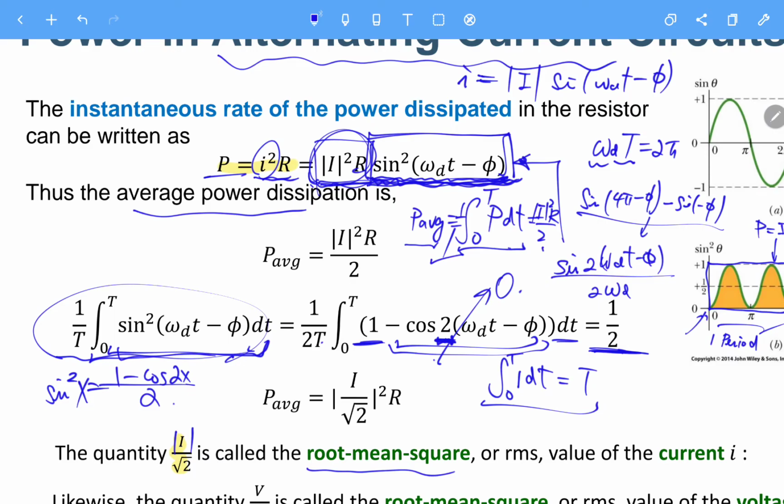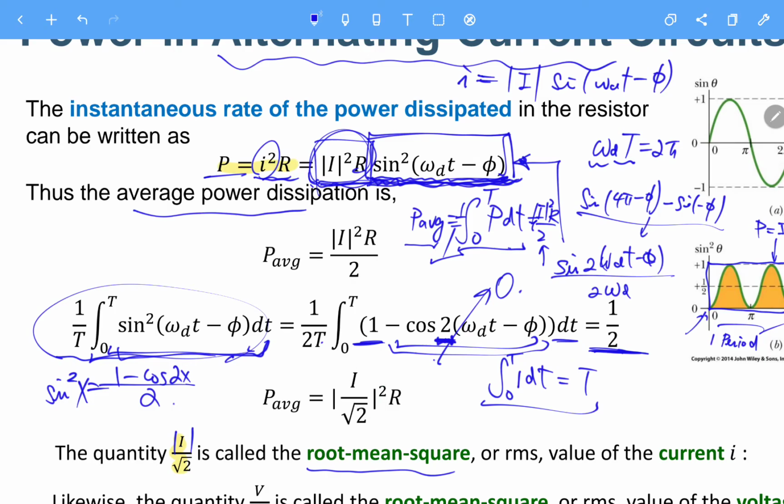So here we have a factor of 1/2. Then we try to plug it inside the square, which makes it like the phasor I over square root of 2, then take the absolute value, and then we have a square.